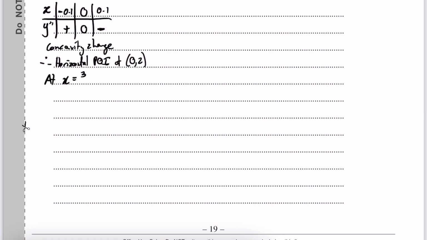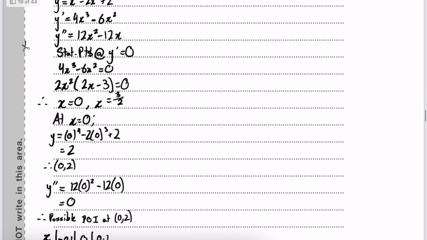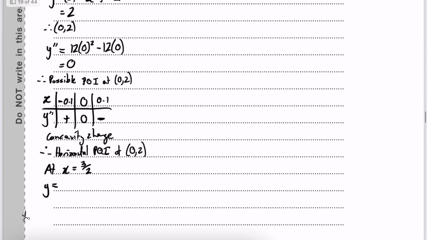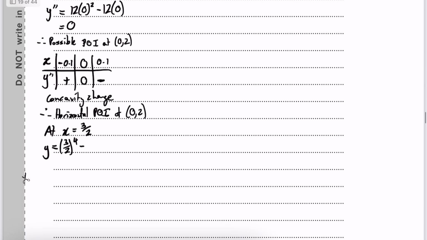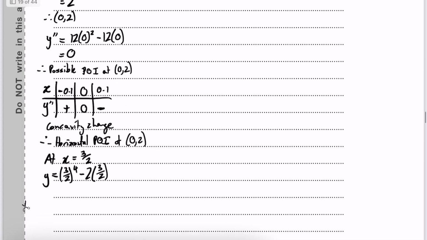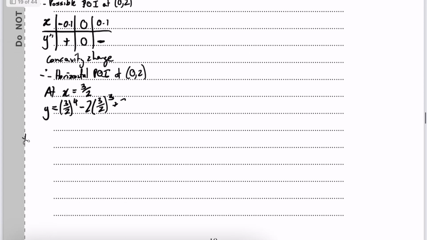So at x equals 3 on 2, we know that y is equal to 3 on 2 to the power of 4 minus 2 outside of 3 on 2 to the power of 3 plus 2. If you plug all that in the calculator, you end up getting y is equal to 5 on 16.